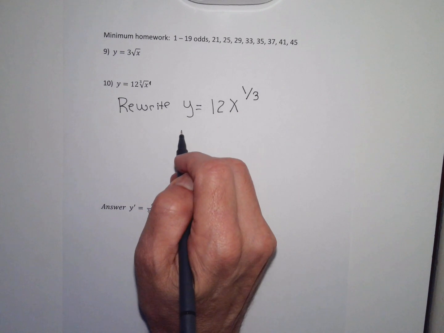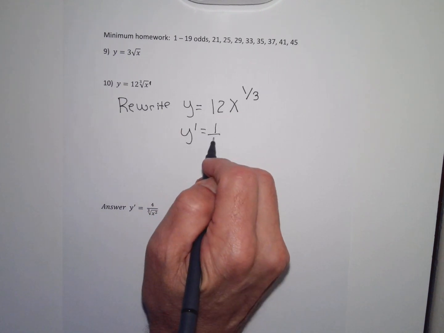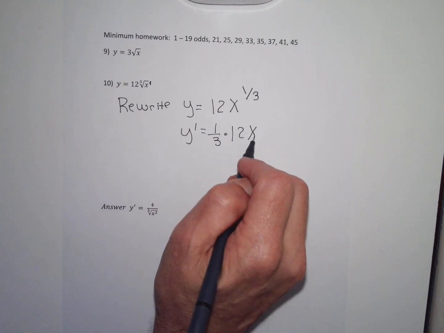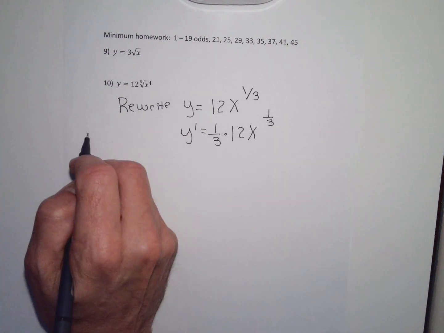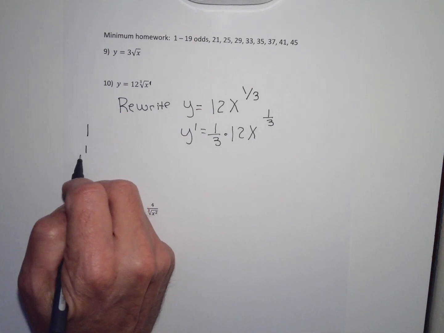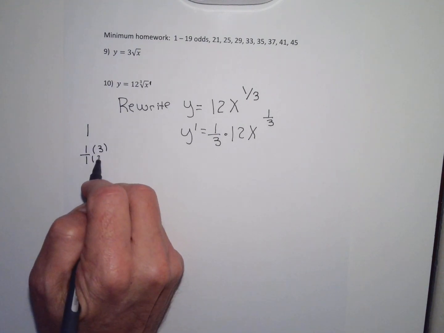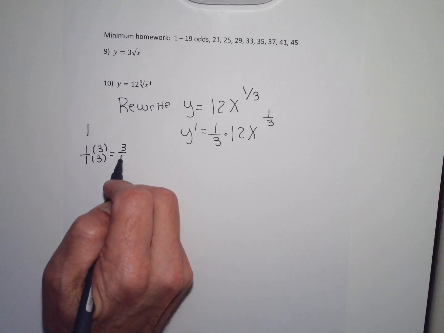Now I'm going to find my derivative by multiplying the exponent by the coefficient, and I'm going to lower the exponent by 1. But instead of subtracting 1, I'm going to think of that 1 as 1 over 1, and write it as 3 over 3.